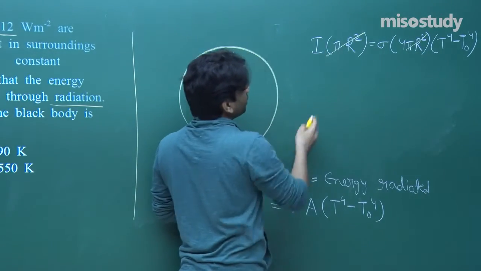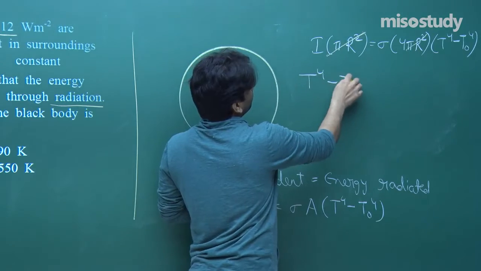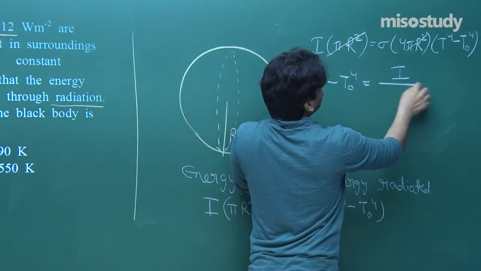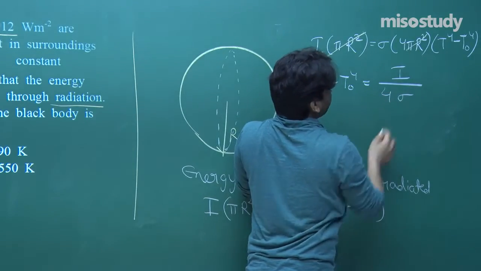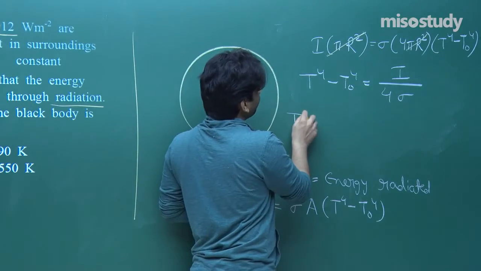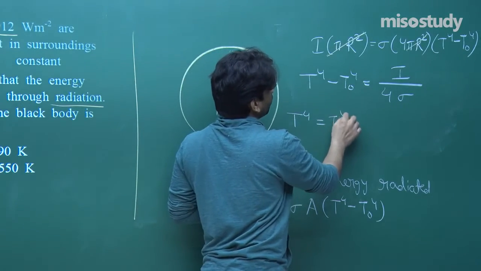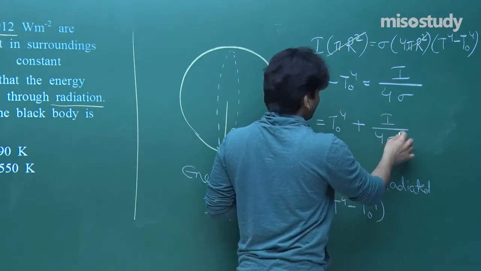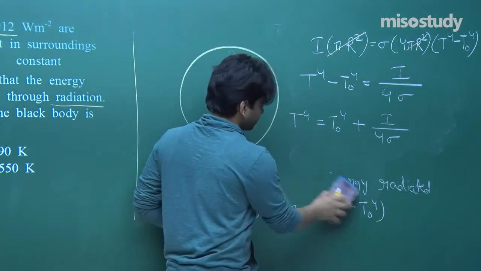You will have T to the power 4 minus T naught to the power 4 equal to I by 4 sigma. Next, T to the power 4 is equal to T naught to the power 4 plus I by 4 sigma. That is what you have to use.